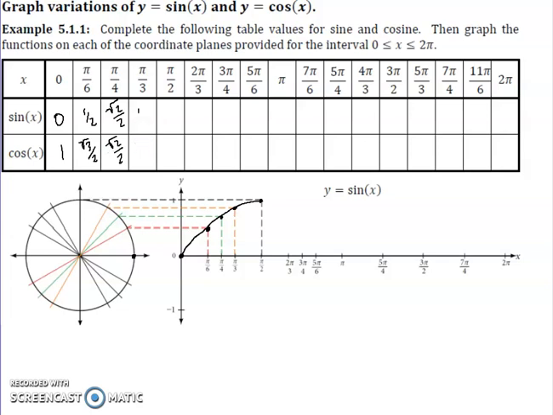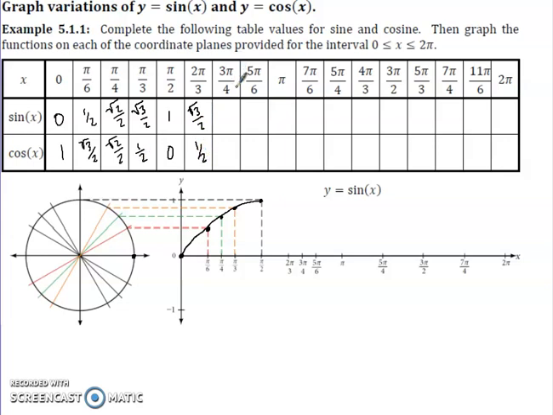Excuse me, I switched those. My sine value is square root of 3/2, and my cosine is 1/2. At pi/2, my sine or my y value is 1, and my cosine is 0. Continuing around my circle at 2 pi/3, I'm going to have a reflection of my pi/3, and it would be square root 3/2 for sine, and my cosine would be 1/2.